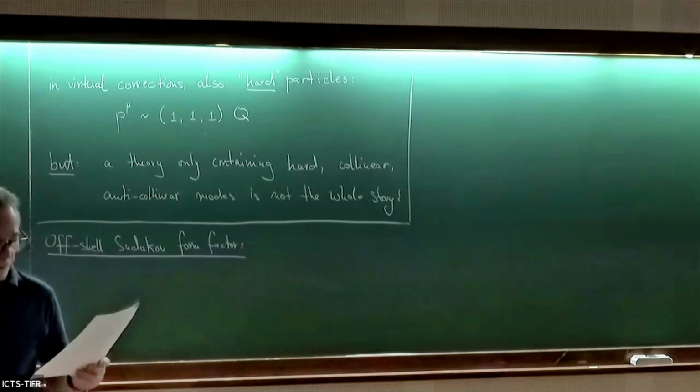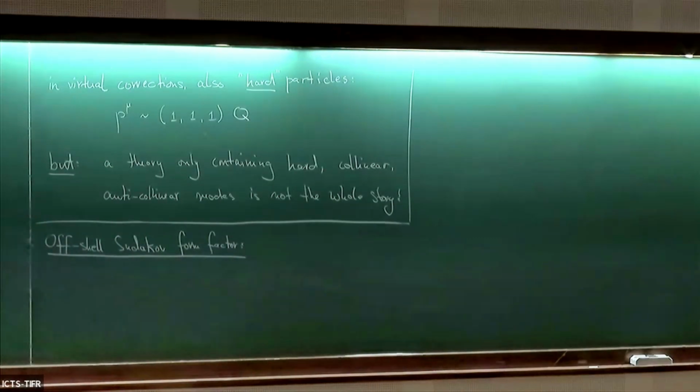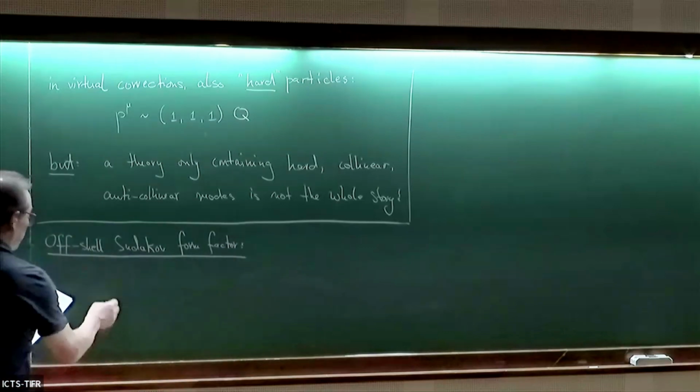It's called Sudakov form factor, but it's actually something very relevant to, let's say, electroweak processes at the LHC. I guess Sudakov was a famous Russian physicist, probably in the 1950s or 60s, who studied this problem for the first time. What is the Sudakov form factor?